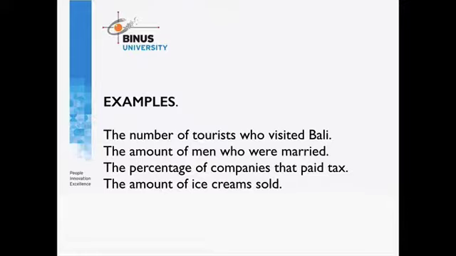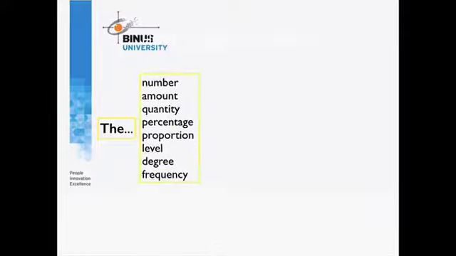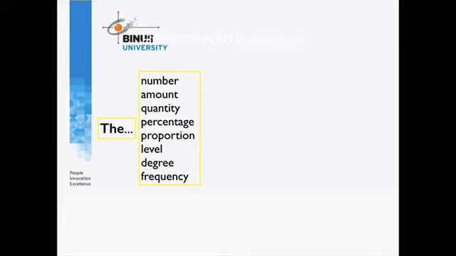So I want to break these variables down into more detail now, because you can see how they come together. Basically, there are 4 components. And you begin with the, then you have your quantity word, the number, the amount, the quantity, the percentage, the proportion, the level, the degree, the frequency. And then you have your preposition of.